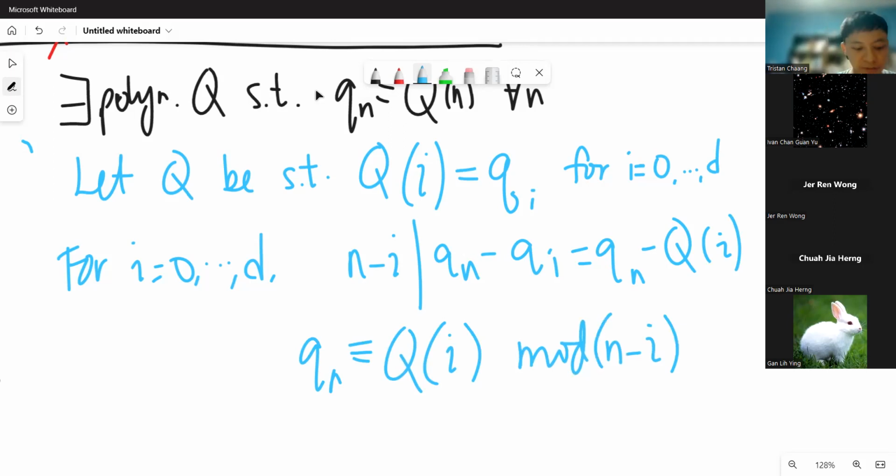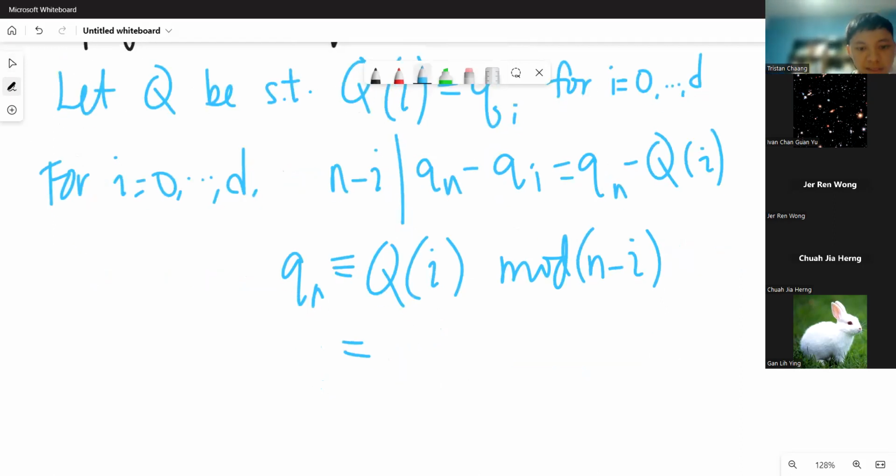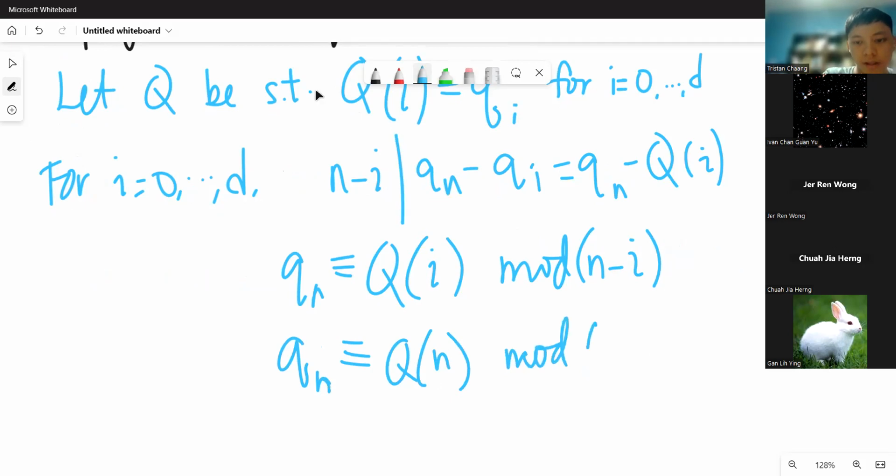Can we write this in a nicer way? And yes, we can. Because Qi is congruent to Qn mod n minus i. Well, look at the left hand side and right hand side. They are completely independent of i. So it's a really nice thing.